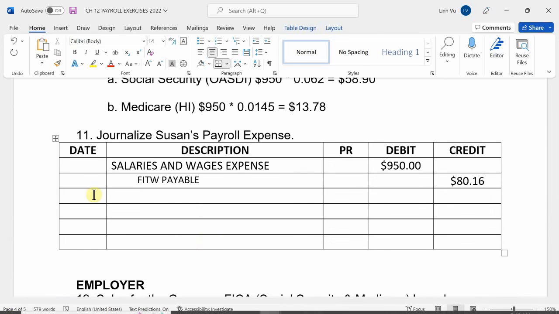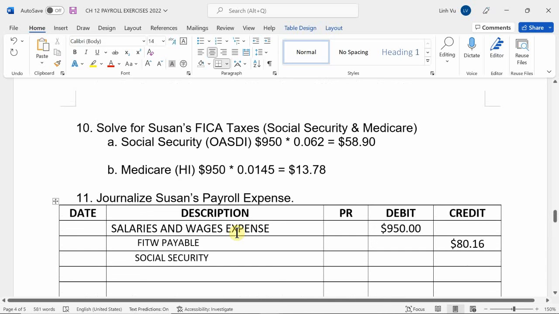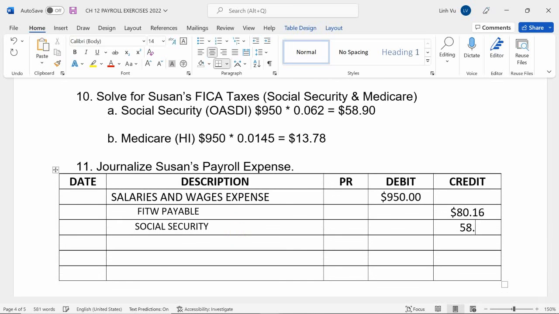Next is Social Security, for 58.90. How much is Medicare? 13.78.